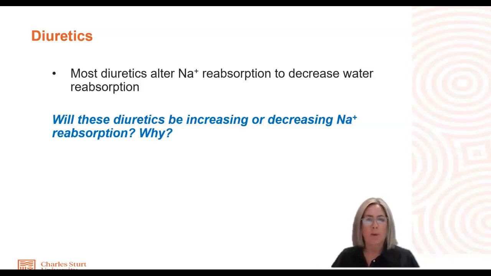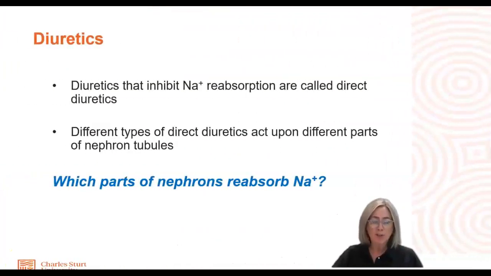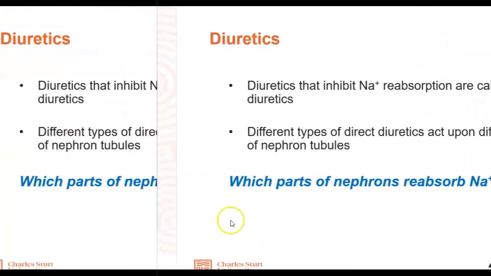And in that way, by inhibiting the reabsorption of sodium from the filtrate, you're going to produce higher volumes of urine. Now, diuretics that inhibit sodium reabsorption are called direct diuretics, and different types of direct diuretics act upon different parts of the nephron tubules. So can you remember which parts of the nephron reabsorb sodium?